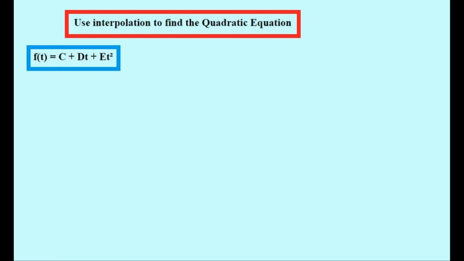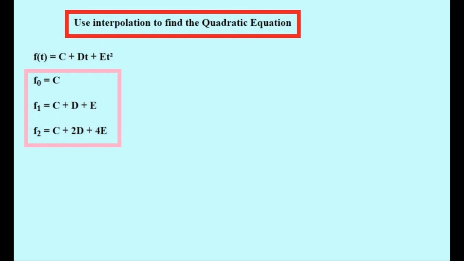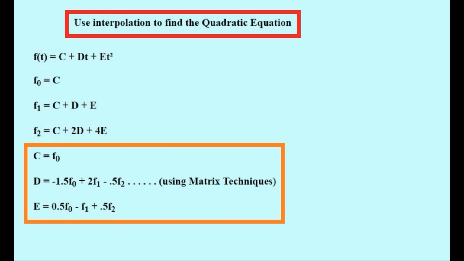And so we have to find the polynomial coefficients of ft, which are c, d and e. This is what the values of f are in terms of these coefficients. And we can find c, d and e in terms of these values of f by using matrix techniques, which I won't show here, but that's how it's done.